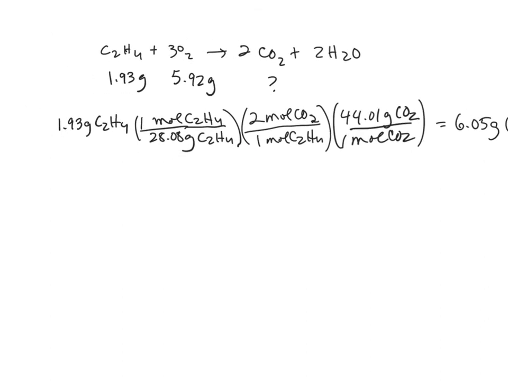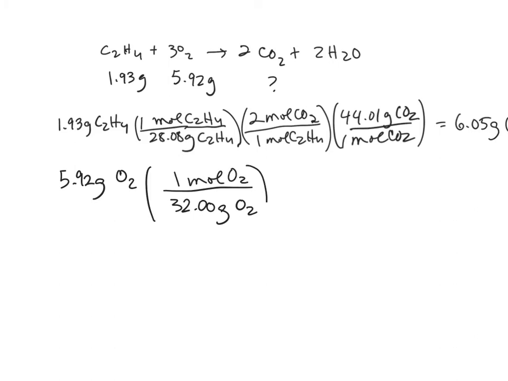Then 5.92 grams of O2. Use the diatomic molecule molar mass, so 16 times 2 is 32 grams of O2 for 1 mole of O2. Now you have moles of O2. You want to go to CO2, so 2 moles of CO2 for every 3 moles of O2. Then you have moles of CO2.